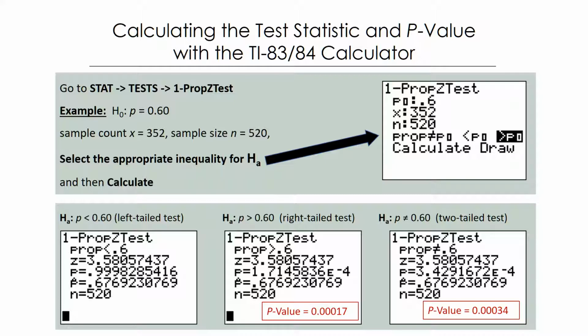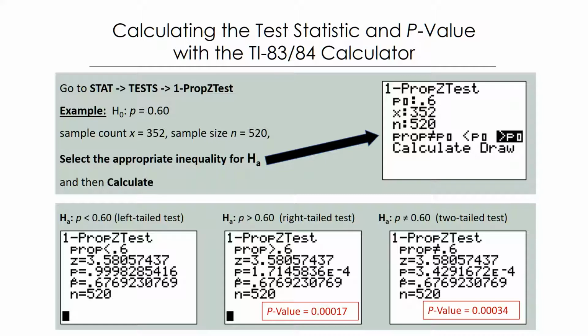The following displays at the bottom of this screen show what you will get for the 3 different types of alternative hypotheses. For the left-tailed test, you can see the z-score, the test statistic is 3.58, and the p-value is very large, almost 100%. If it's a right-tailed test, same z-score, same test statistic, but now the p-value is 0.00017.